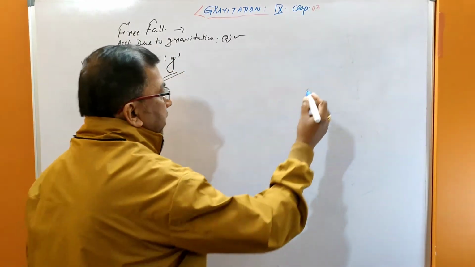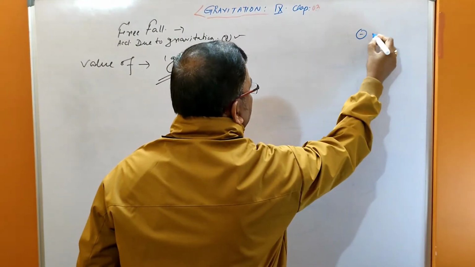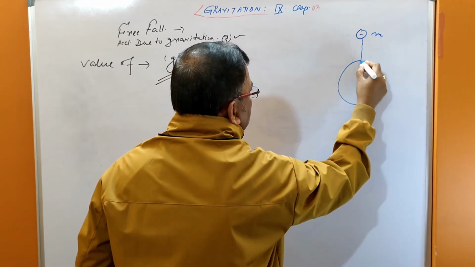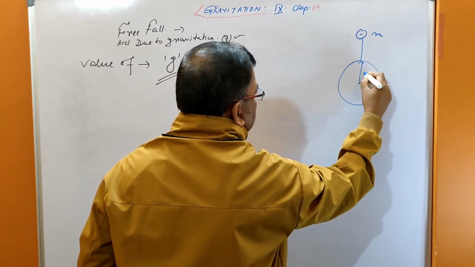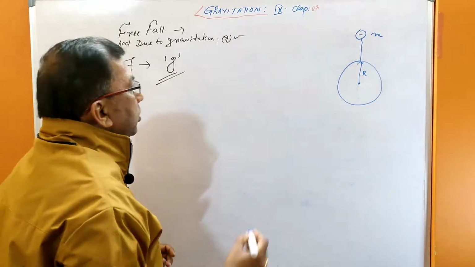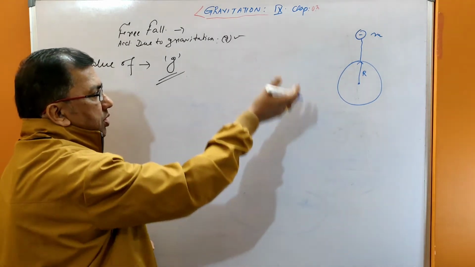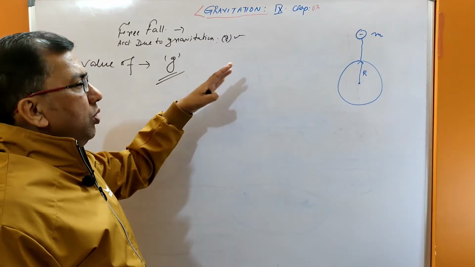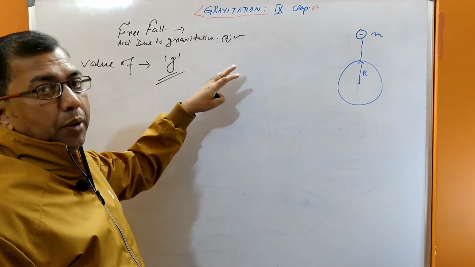The mass of the object is m, the earth's radius is r, and r is the distance between the object and the earth's center. We know the value of capital G.